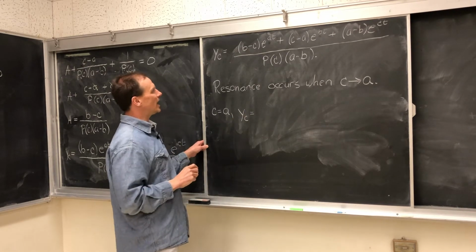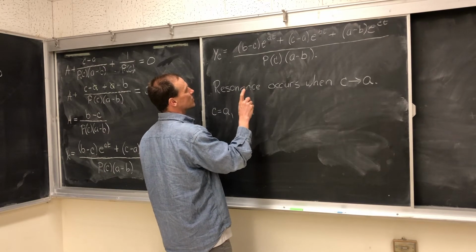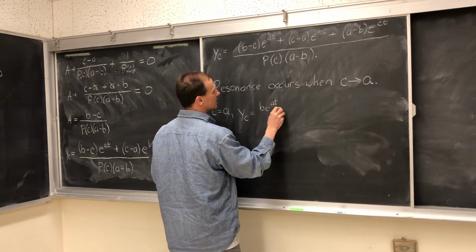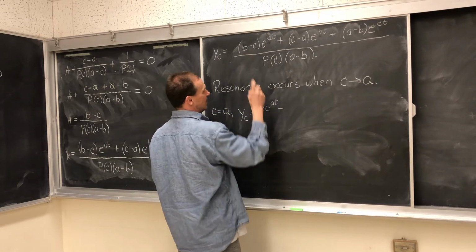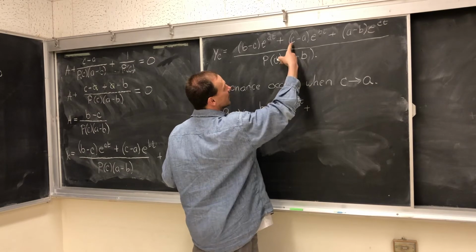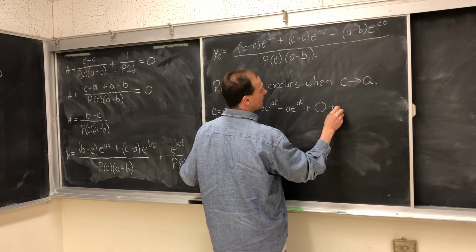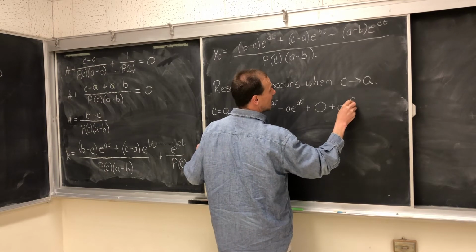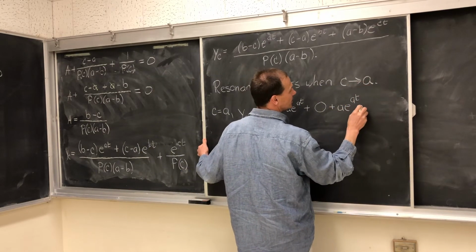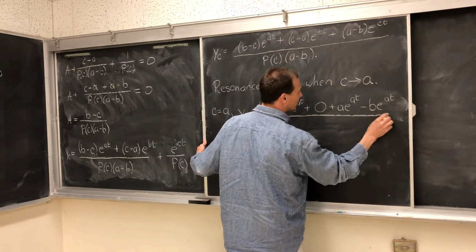This becomes B e to the a t minus, but C is a now, so minus a e to the a t plus, oh, but look at that, a minus a, this whole middle term is just 0, plus I have a e to the a t, this C is now an A. And then I have minus B e to the AT over, this is where it gets interesting.